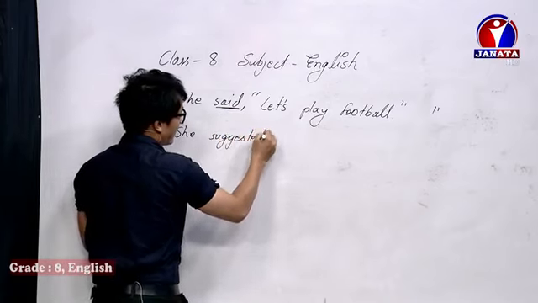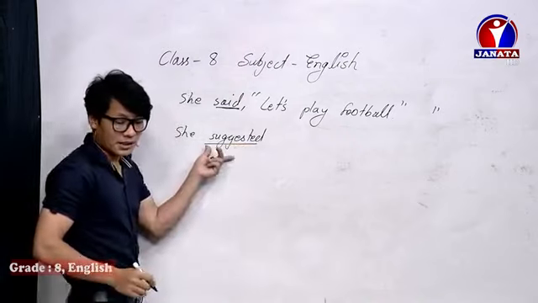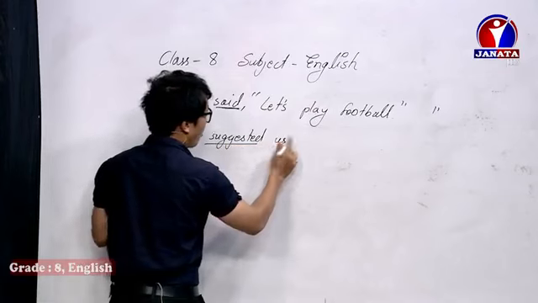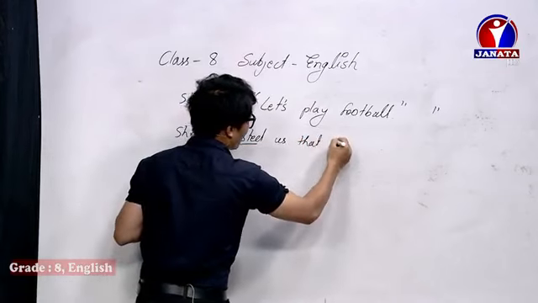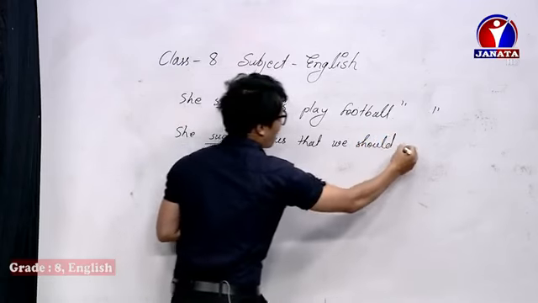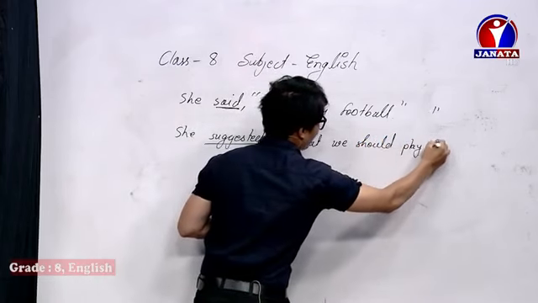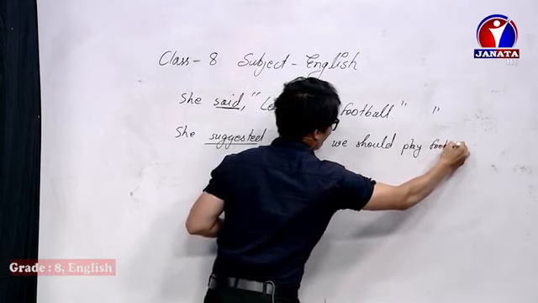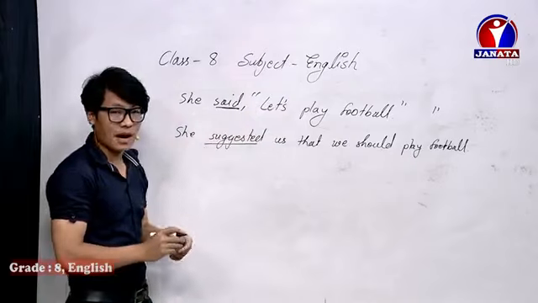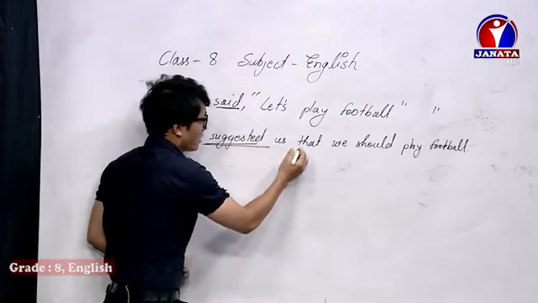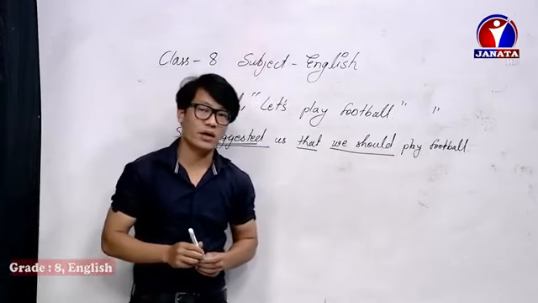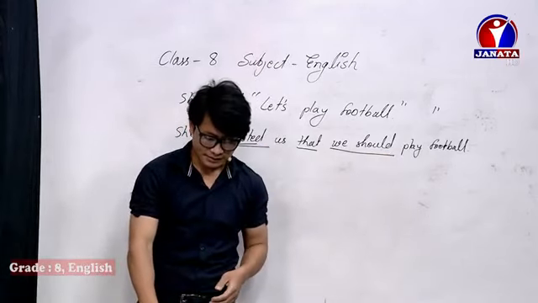She suggested, you can write here us also. She suggested us that we should play football. Remember this very well. When there is a let's word with an imperative sentence, suggested, that, and we should. Don't forget this. Okay, this is the way to change into indirect speech.